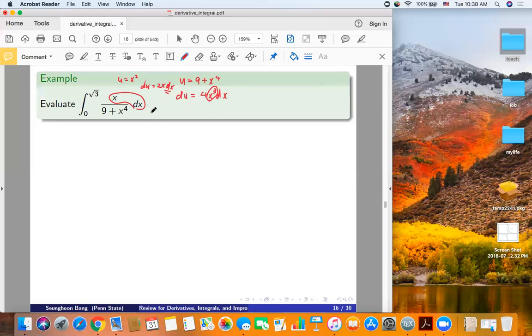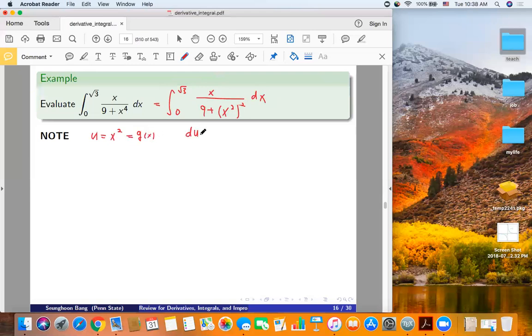So here, this is changed to the integral from 0 to root 3 of x over 9 plus x to the 4, which is x squared, dx. You can change it like this. So u is x squared, you can write g of x.